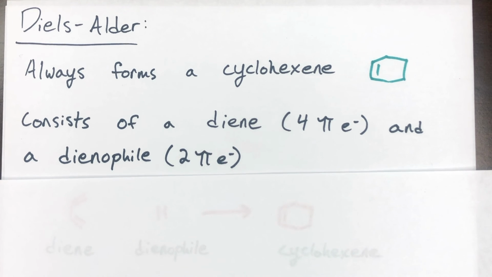And then the dienophile is 1 alkene, 1 pi bond that contributes those 2 pi electrons. And remember, dienophile means diene loving, so that's exactly what's interacting, the diene with the dienophile.